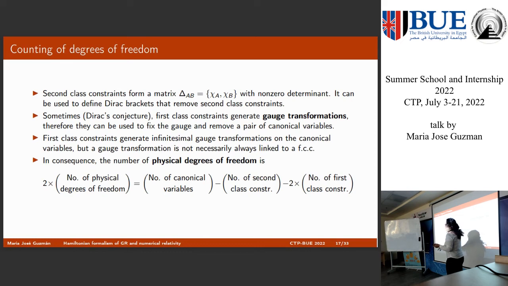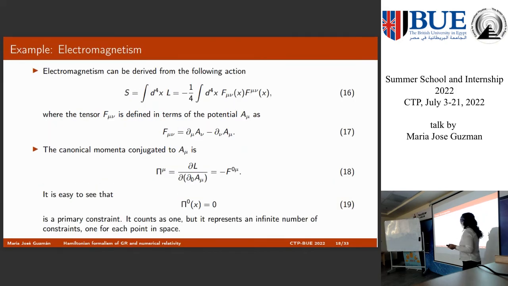If you have n particles, n times 2 is the number of canonical variables. Then you count the degrees of freedom your theory has by removing from this number the number of second class constraints, and then removing 2 times the first class constraints. And now we will use this formula and all this procedure for a very simple theory, electromagnetism.